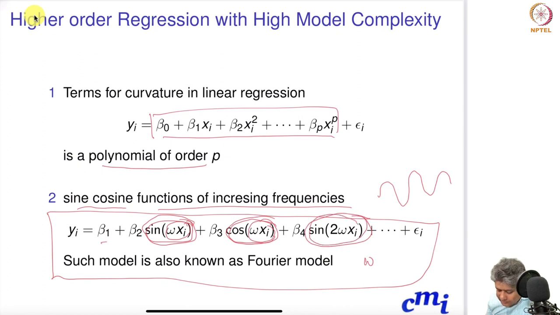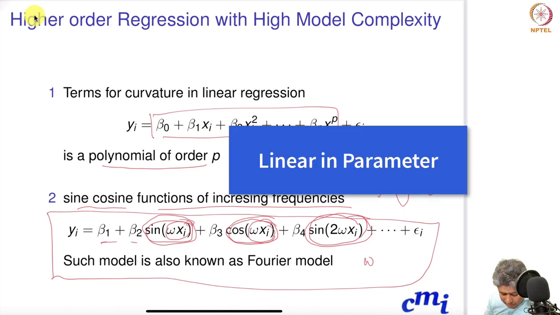Similarly, all these terms are known to you. And as you know all these functions, that means the model is linear in parameter. This is very important: your model has to be linear in parameter and the feature part has to be completely known.